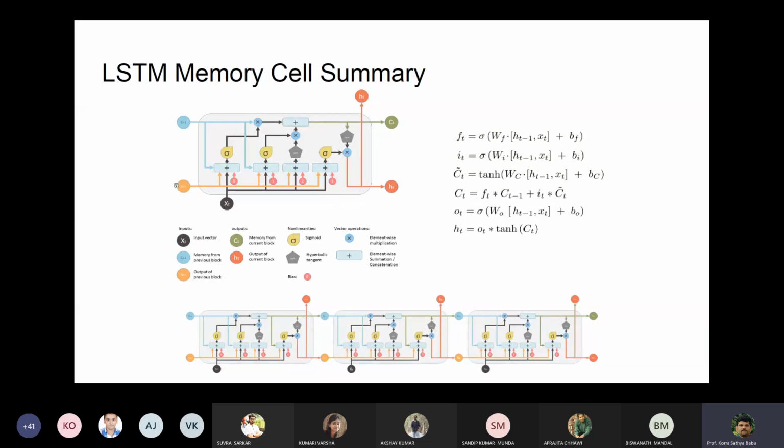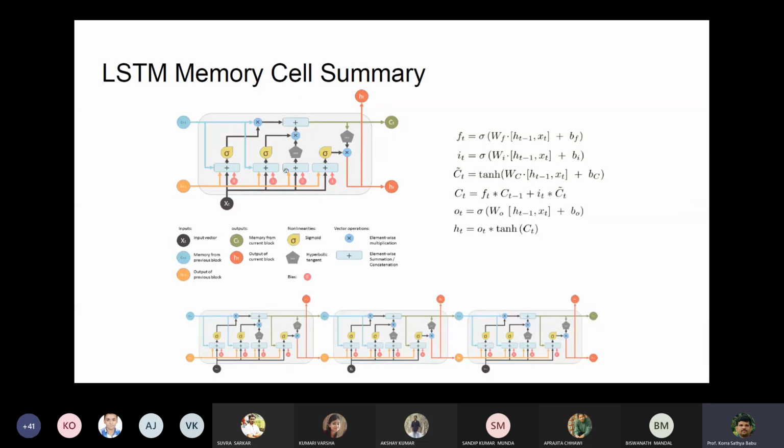You multiply with the forget weights, add some bias, and pass it through a squashing function, and you get f_t. Then again, the output of the previous state at time t-1 and the current input are multiplied with the input weights and input bias, passed through a sigmoid layer, and you get i_t.